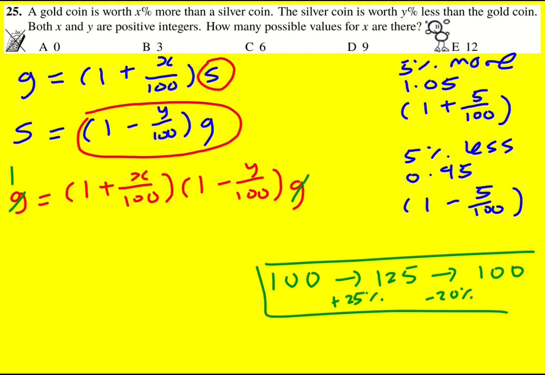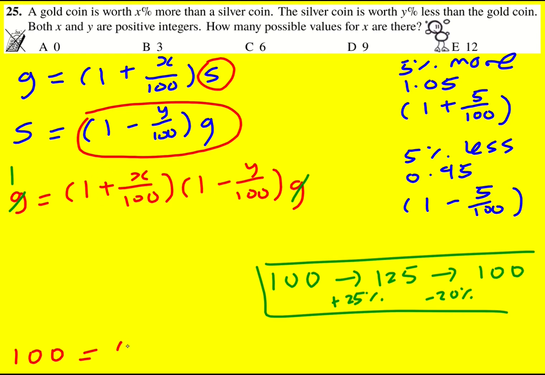So returning to this equation, I've divided through by G. I've got 1 equals. Now, I think the next thing to do is get rid of the fractions. So I can times through by 100. And when I do that, I have to only times one of these by 100. So let's say I times the left-hand bracket.